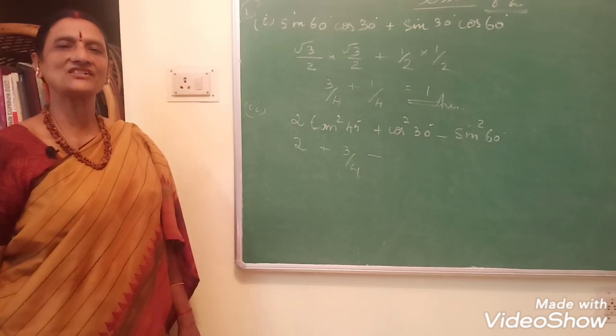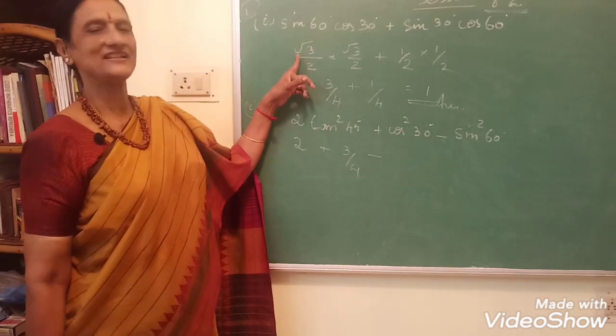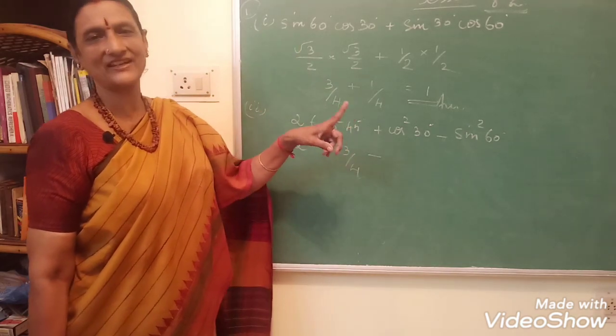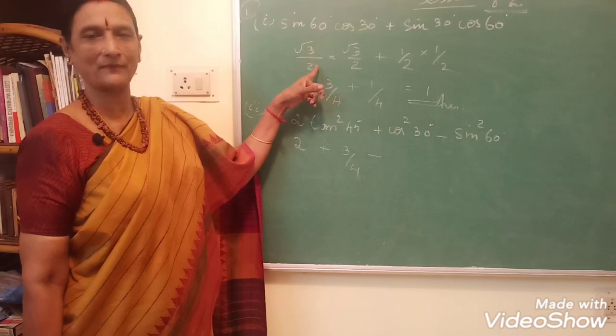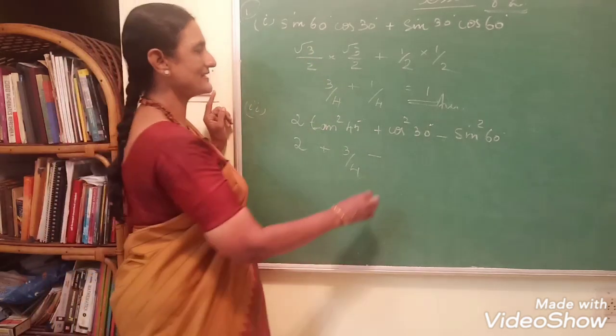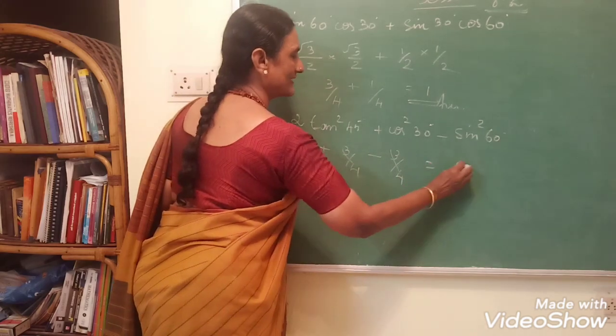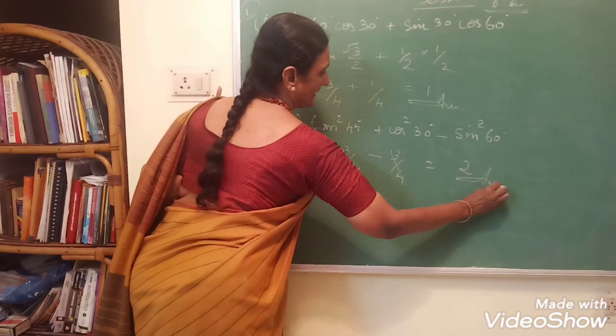What is sin 60, children? Sin 60 is also root 3 by 2. And sin square 60 is root 3 by 2 into root 3 by 2. So you will get minus 3 by 4. Both the values will get cancelled. You will get 2 as the answer.